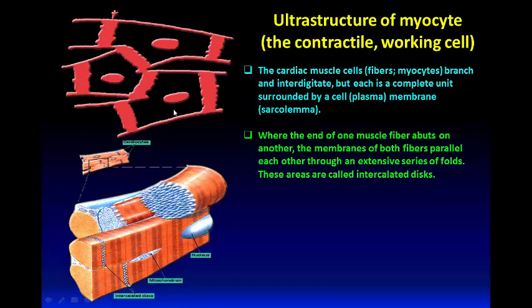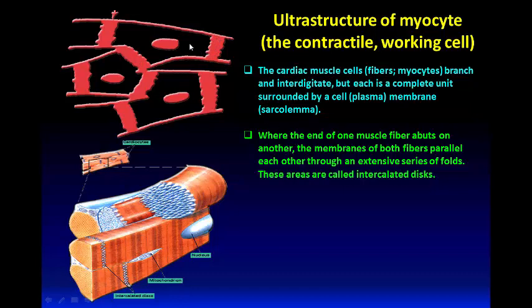This is another cell, this is a branch, and this is another branch of the cell, and they interdigitate. But each cell is a complete unit surrounded by a plasma membrane, which is also known as the sarcolemma.